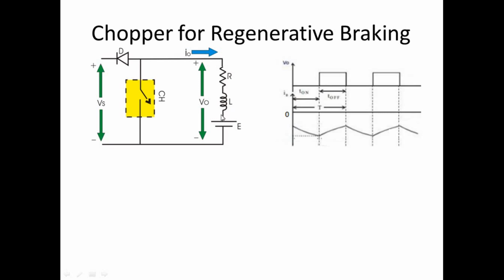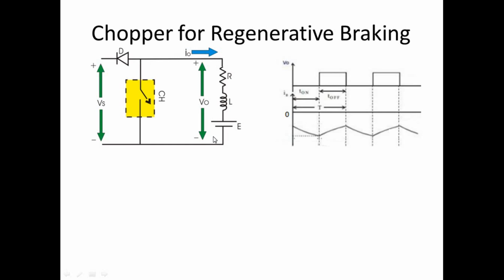This energy stored in the inductor will be released to the supply through the diode. So the stored energy is decreasing, and the current is decreasing negatively. Decreasing means it will be coming towards 0.